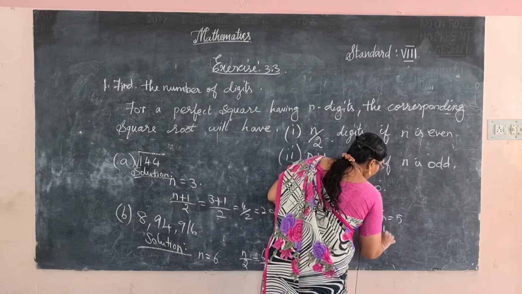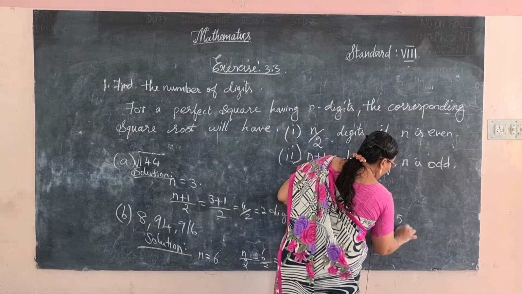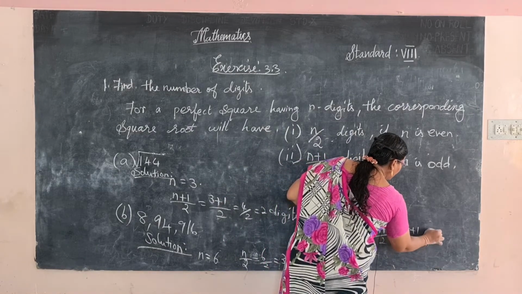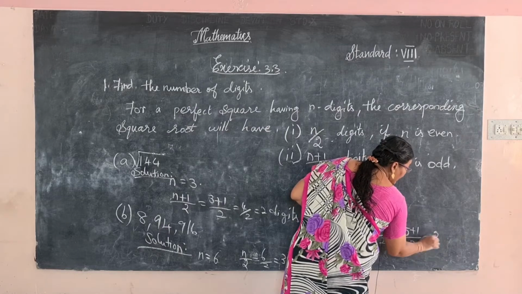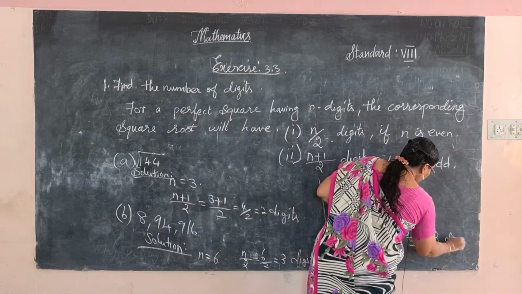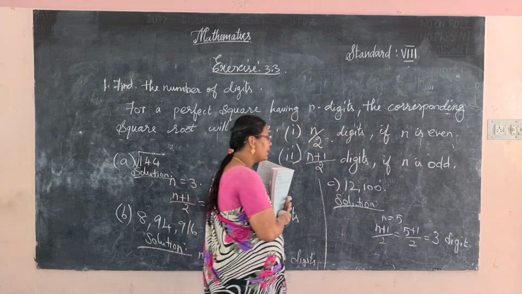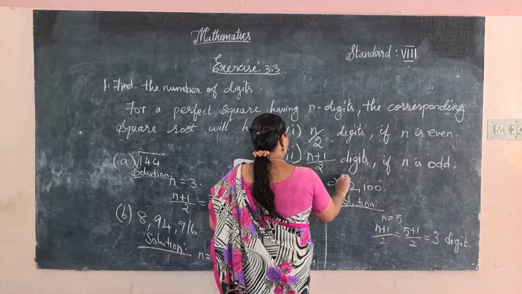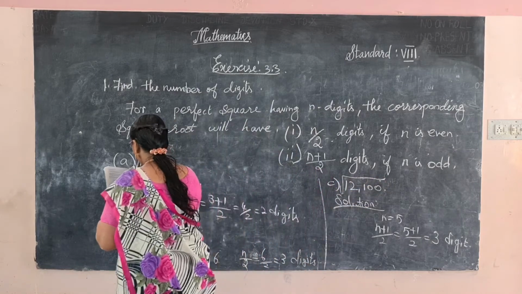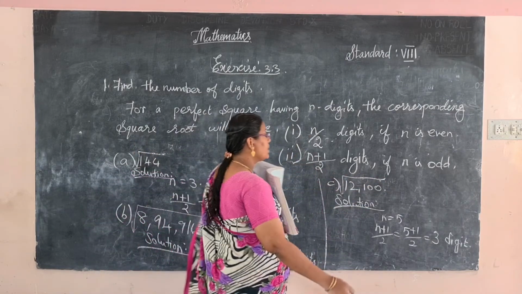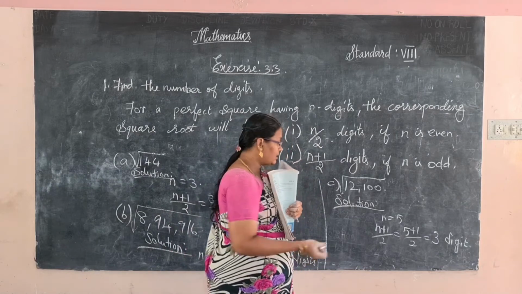So n plus 1 by 2 is equal to 5 plus 1 by 2 is equal to 6 by 2, which is 3 digits. So the square root of 12,100 is a 3-digit number.